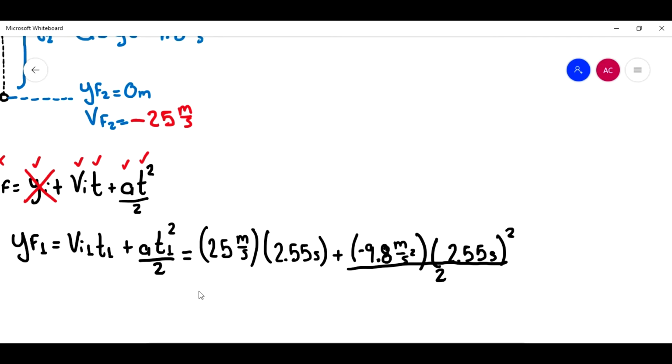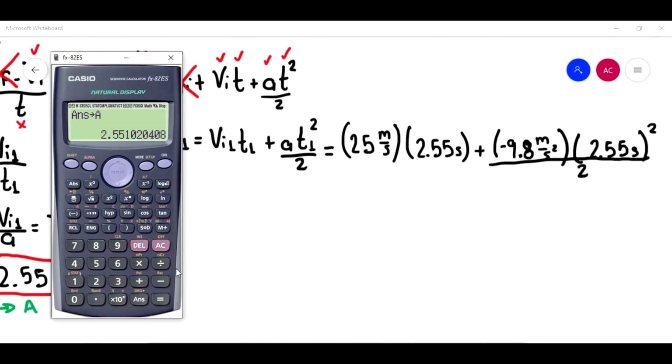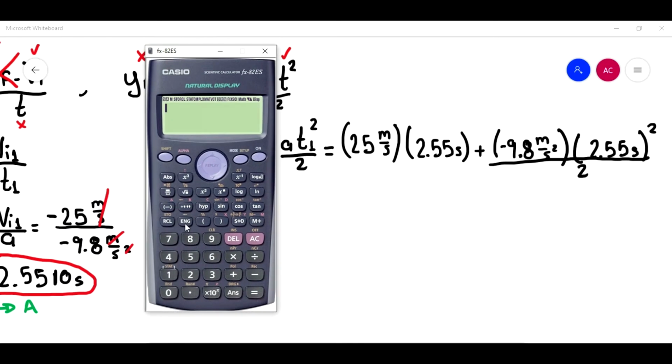Okay, so let's do it in the calculator. It's a long formula. Okay, so parentheses 25 times the value of A plus fraction negative 9.8 times the value of A squared over 2.